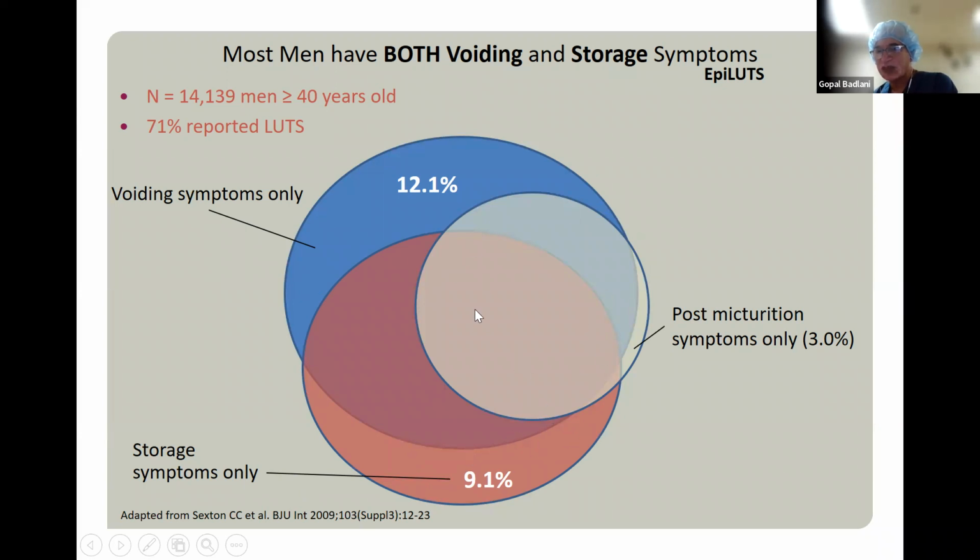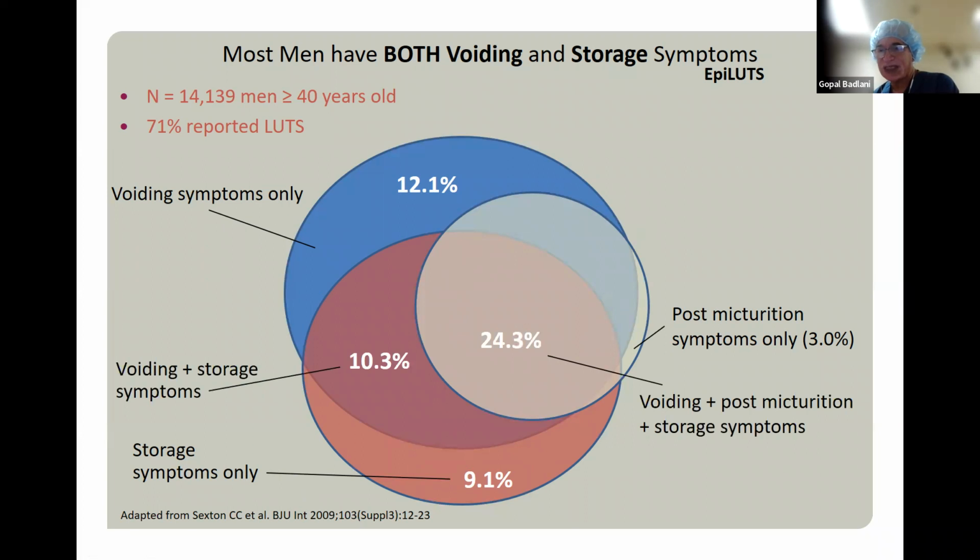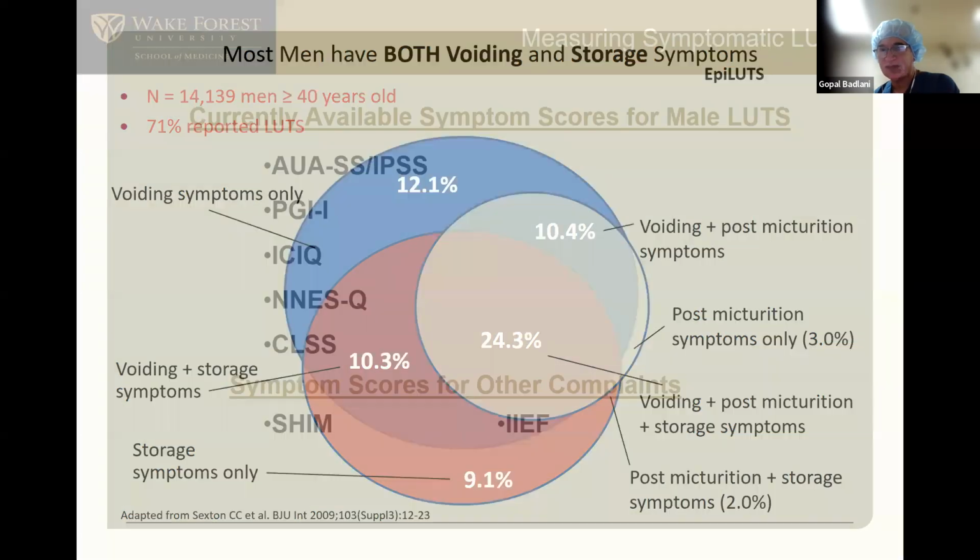Some can have post-micturition dribble, which is, as you can see, a big circle. The post-void dribble is a very common complaint in men, regardless of the age. And in terms of percentage, most commonly they have mixed symptoms, both voiding and storage symptoms.